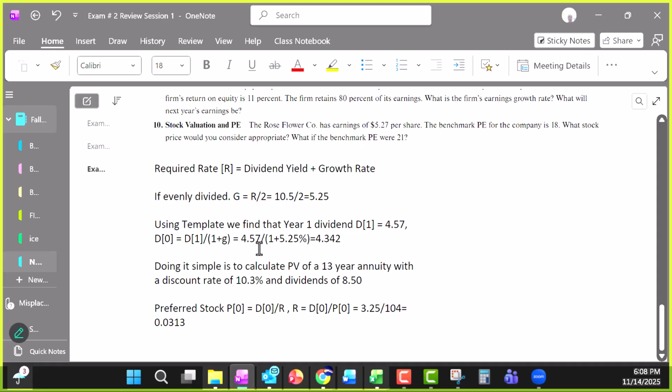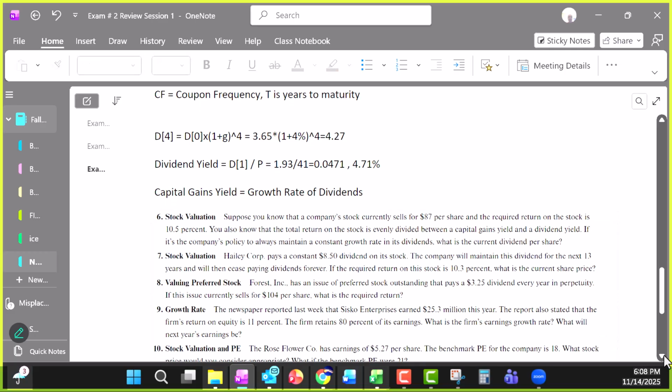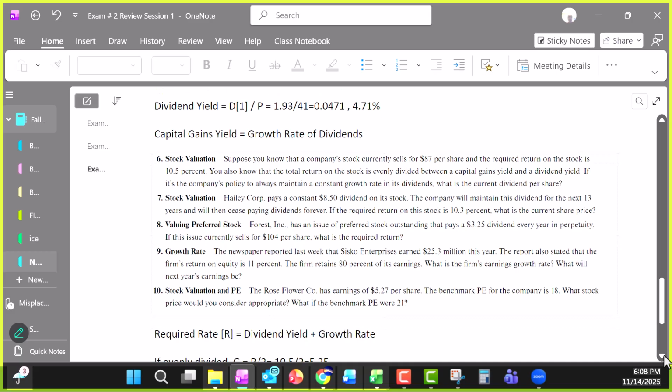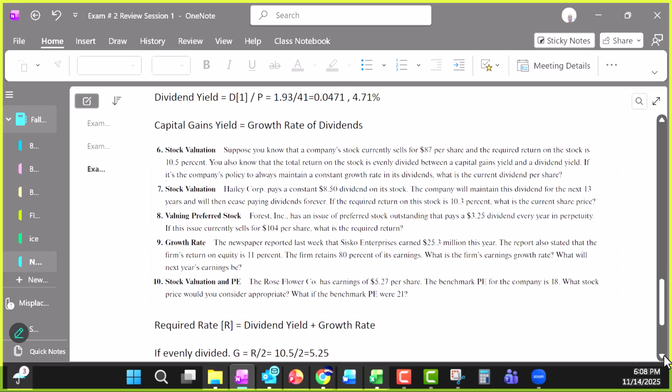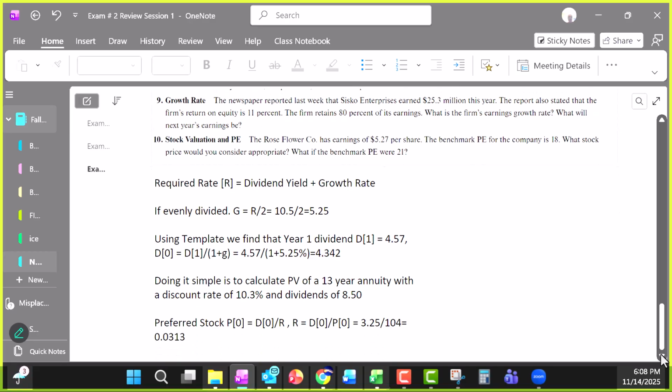Let's do the next problem. Okay, growth rate. We haven't covered this in this chapter, so I'm not going to worry about that. Okay, we did valuation based on multiples, so let's do this.